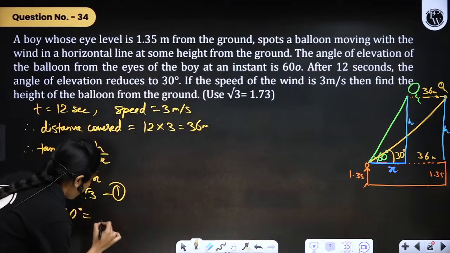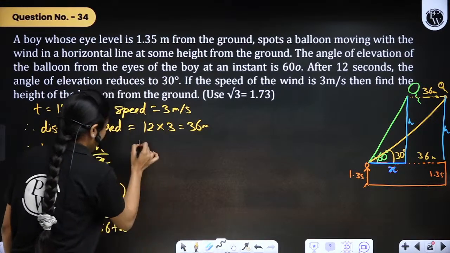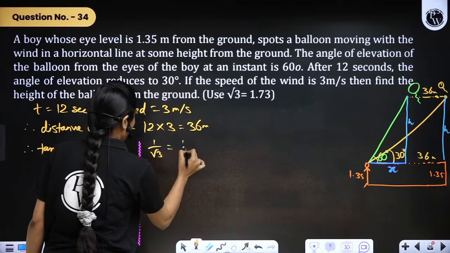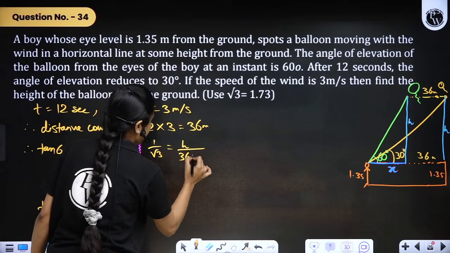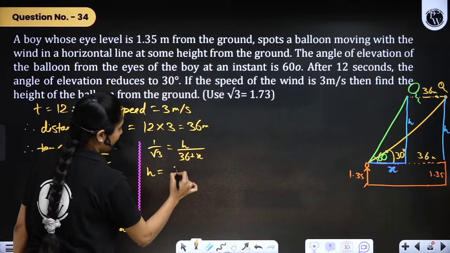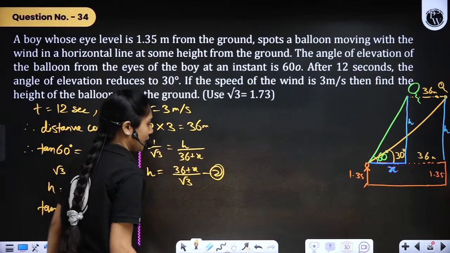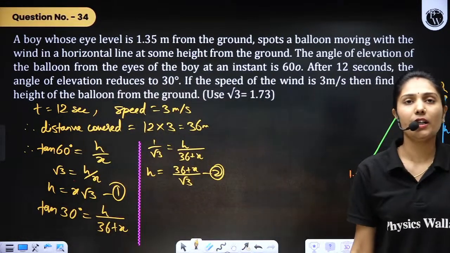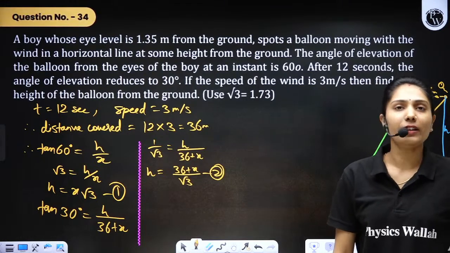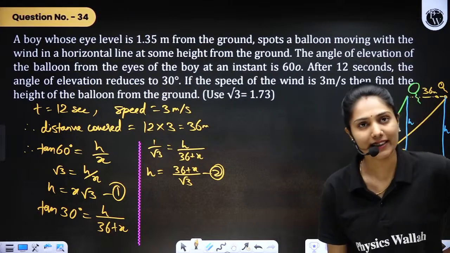So h upon 36 plus x, and the value of tan 30 is 1 by root 3, equal to h upon 36 plus x. So h is equal to (36 plus x) upon root 3. This is your equation number 2. Kartike, beta ji, it's not root 3 by 2, it's 1 by root 3, okay?